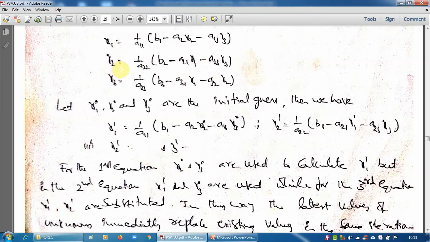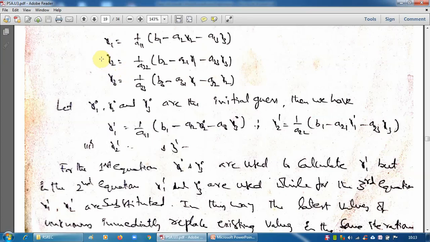If this difference is 0 or a very small value, then you can stop the iteration. It means what? The values are not changing with each and every iteration. It is nothing but we came to the conclusion, that means convergence is obtained. The solution has converged, and we can stop the iterations.